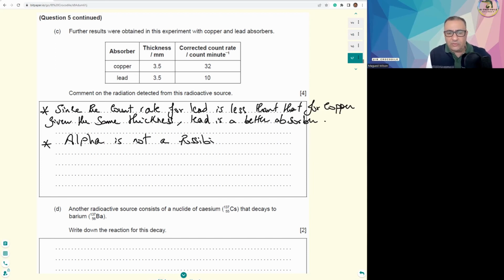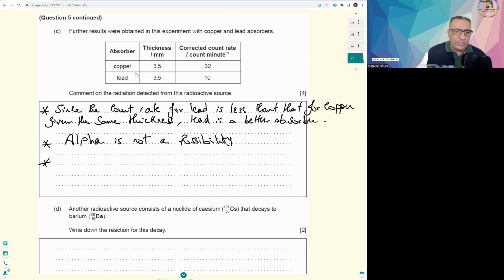And if you would like to add, since alpha has the least depth of penetration, and we are talking about metals, alpha particles could be stopped by a thin piece of paper. It has the highest ionization power, but it has the lowest depth of penetration.